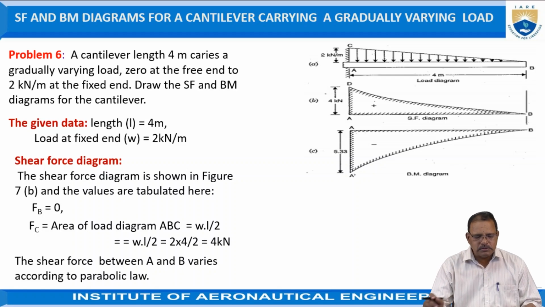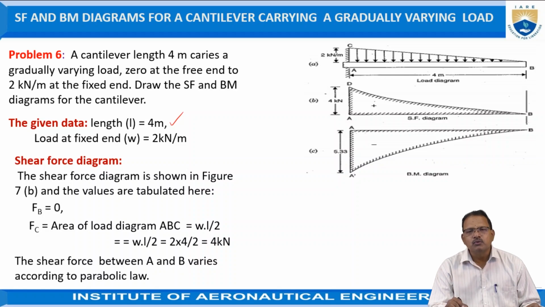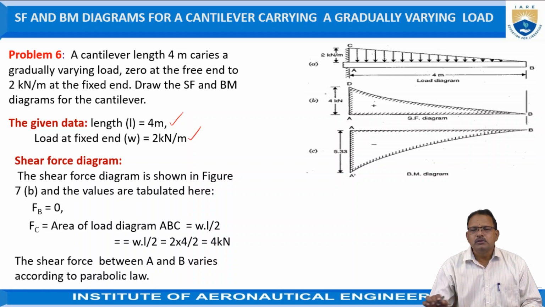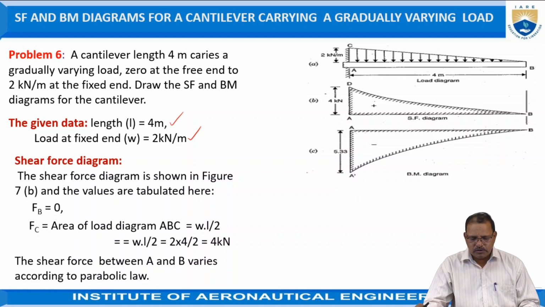Given that the length of the cantilever is equal to 4 meters, carrying a gradually varying load which is 0 at the free end and gradually increases, finally becoming 2 kilonewton per meter at the fixed end. So W is equal to 2 kilonewton per meter.